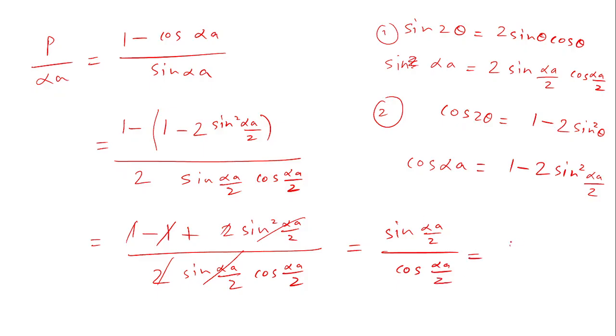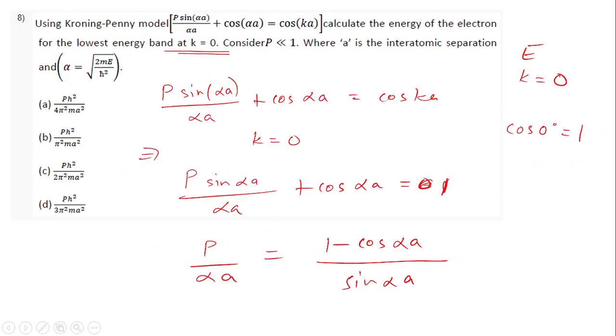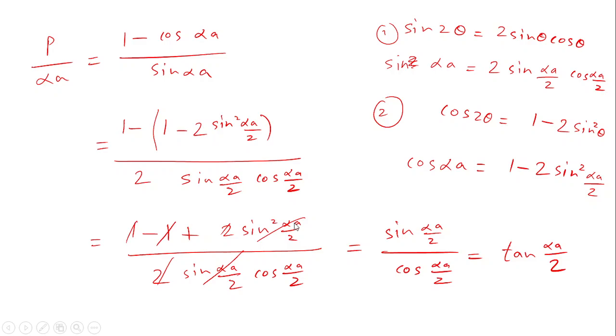Sin over cos is tan(alpha a by 2), and because we assume that P is very small, that means alpha a also has to be very small. When that happens, for tan of whatever angle we are taking, if that value is very small, then we can simply write tan(alpha a by 2) is equal to alpha a by 2.